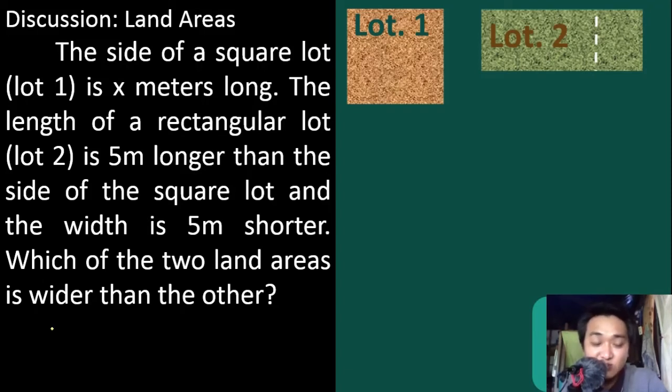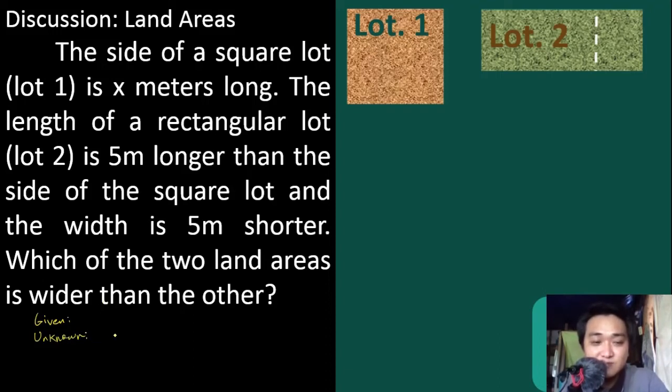Isa sa mga paraan para masagutan natin ng maayos yung mga word problems na ganito, i-identify dapat natin kung ano yung mga given values at saka yung mga unknown values.